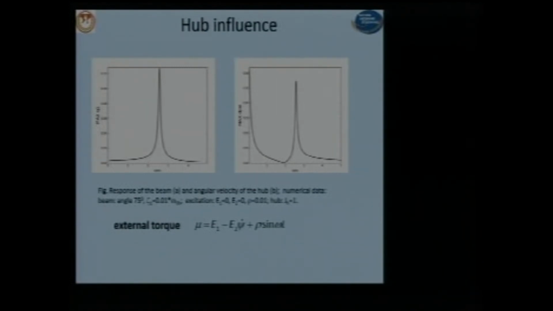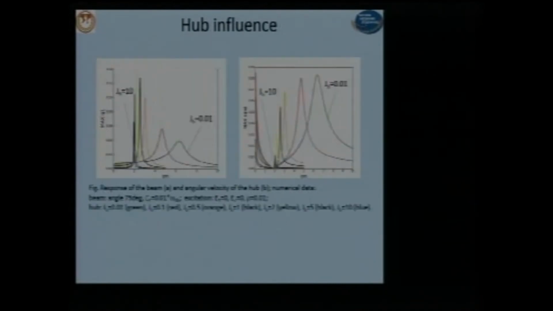This is the resonance for the beam, and this is a resonance for the hub, the angular velocity of the hub. In this point, which is the natural frequency of the cantilever beam, we get something like anti-resonance due to interaction between hub and the beam. And we have to remember this, which is important.